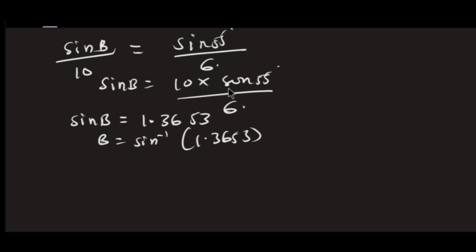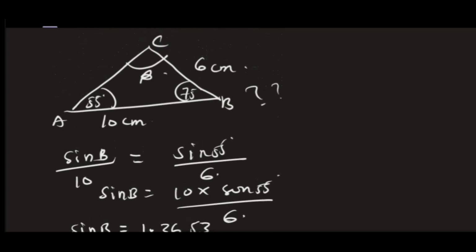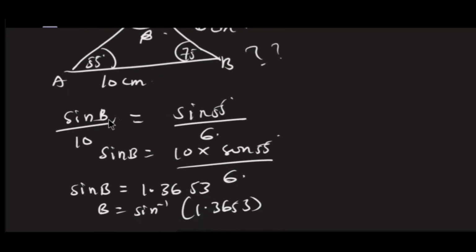let me do this calculation once again. So if you have 10 out of 6 multiplying sine 55, okay, so let's see, from the parameters I'm using, I have to change this length to, let's say, 5 centimeters.